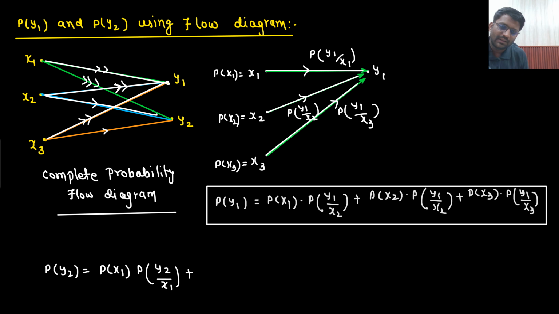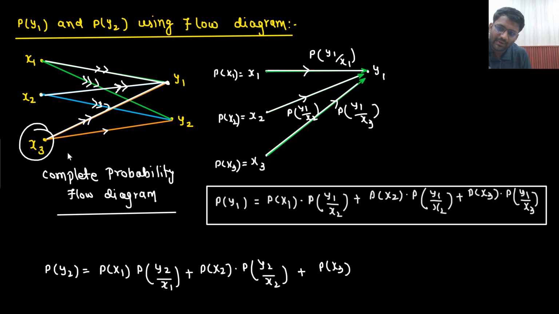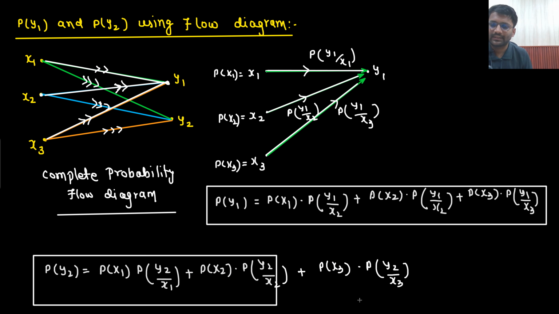Next part is this: probability of x2 multiplied with the probability of y2 given x2, plus probability of x3 multiplied with the corresponding probability of y2 given x3. This is the answer.